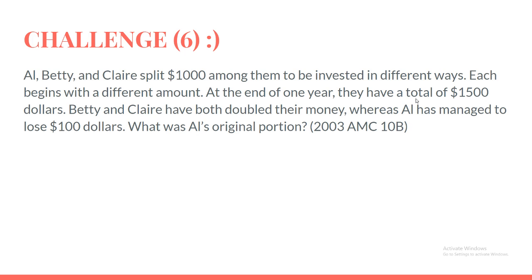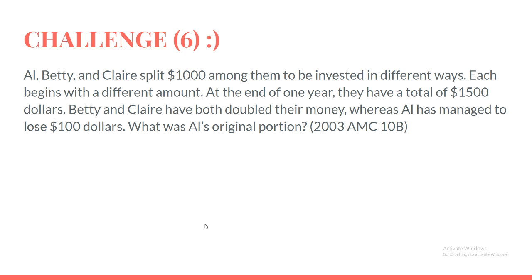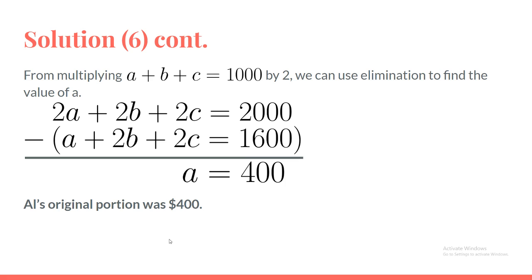They have a total of $1,500, and after you simplify, it gives you this.